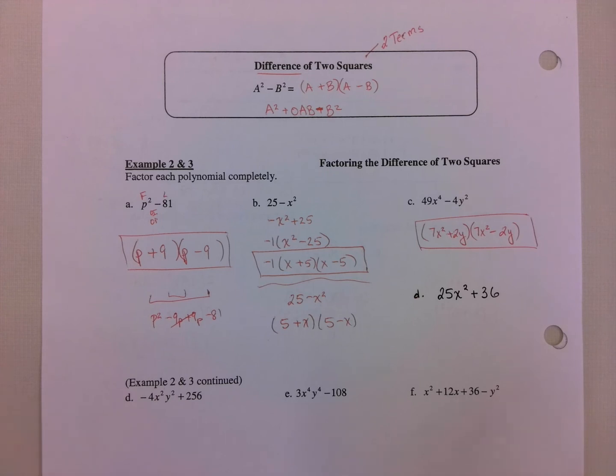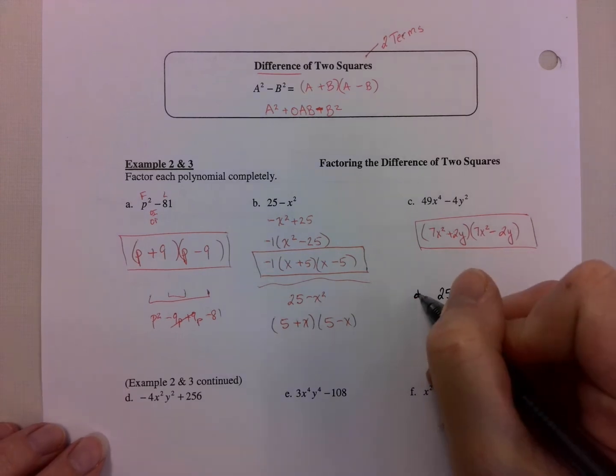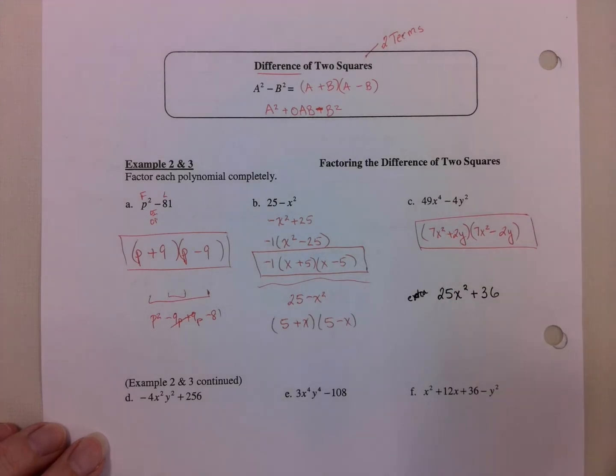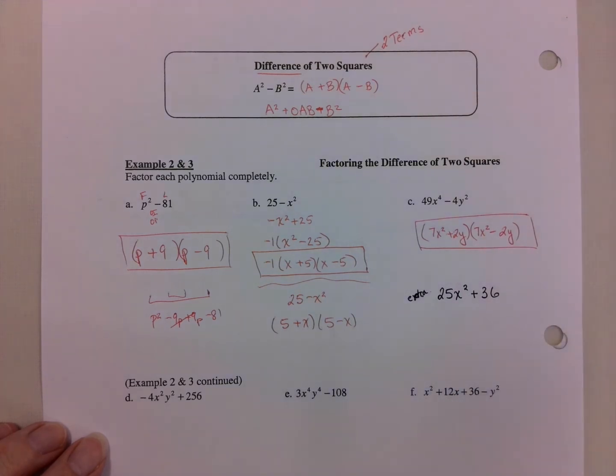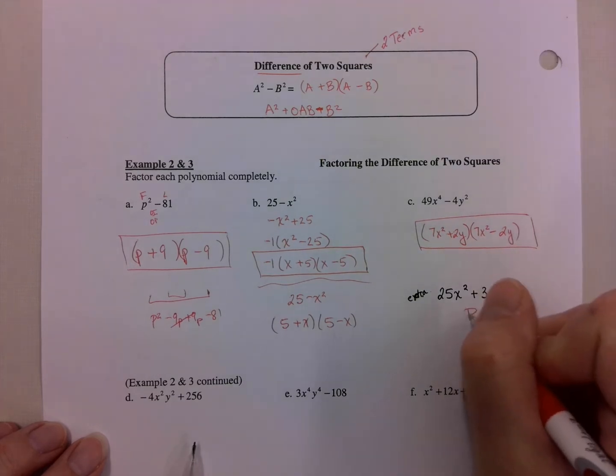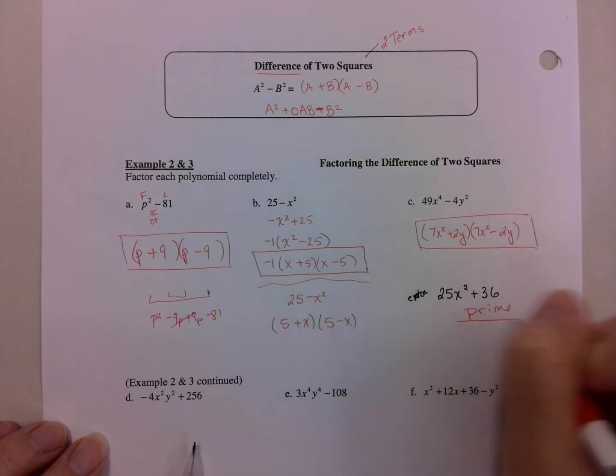I already have a D. We'll just call this extra. Okay, there we go. Now here's the problem with this one. It looks like a perfect square, and if I go to factor this, I'm going to tell you right now it's prime. That way I don't have to scribble all over the place. This is prime. That's my answer.